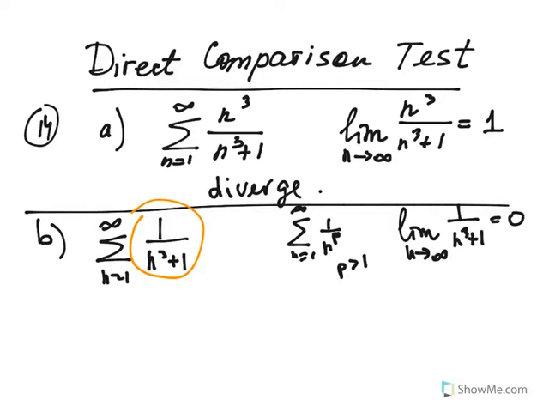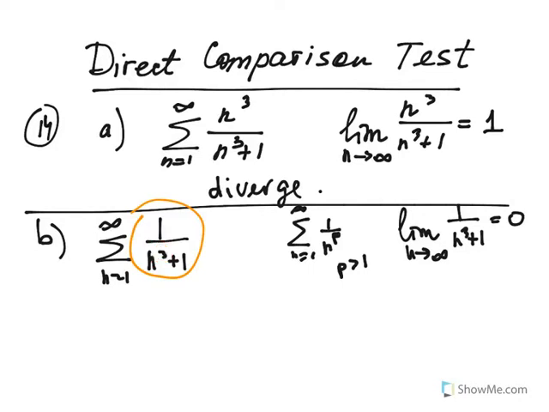Now, if p is between 0 and 1, then it doesn't converge. This one has an exponent of 3, so it does look like the p-series.